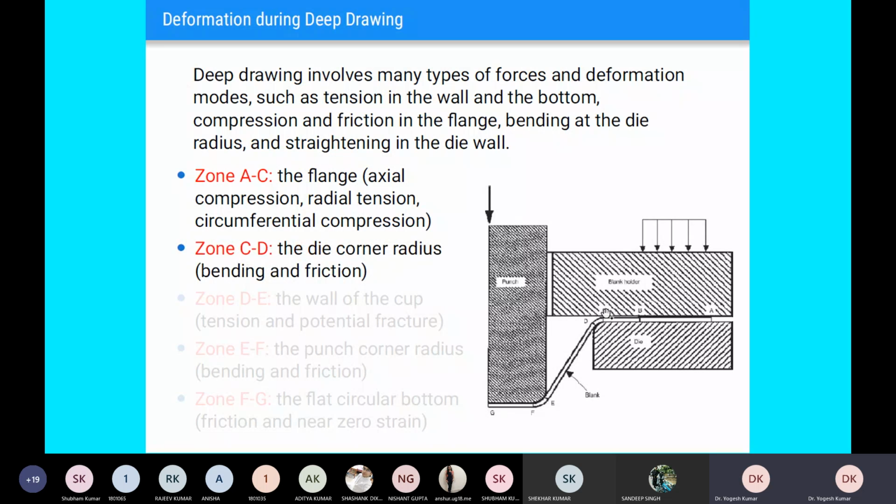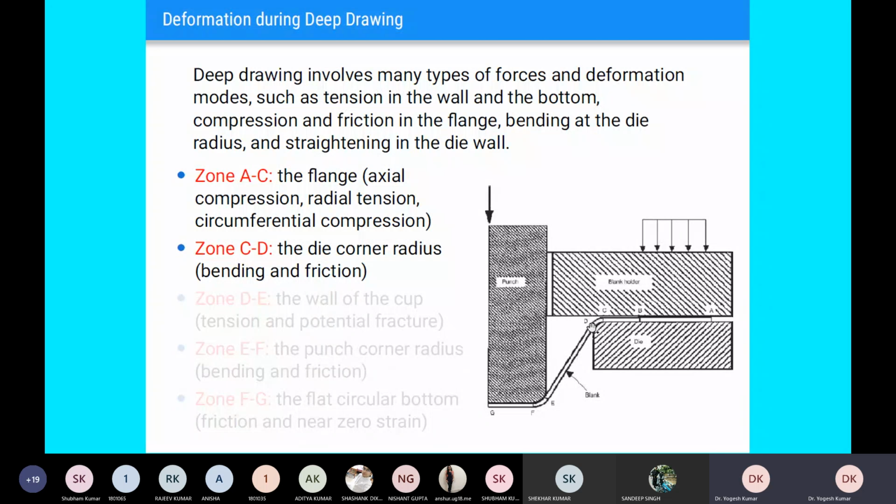Then we have zone C to D. This is C and this is D, and this is the die corner radius. So what is happening here?